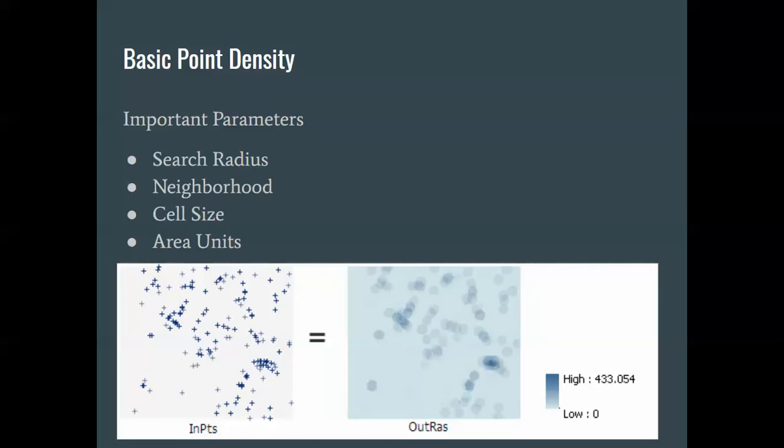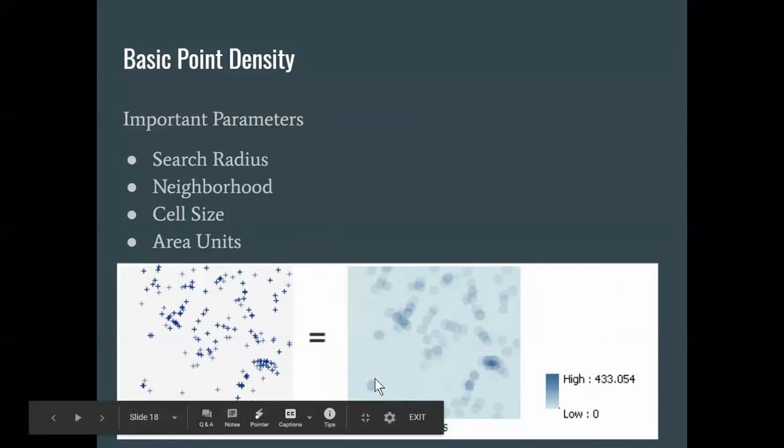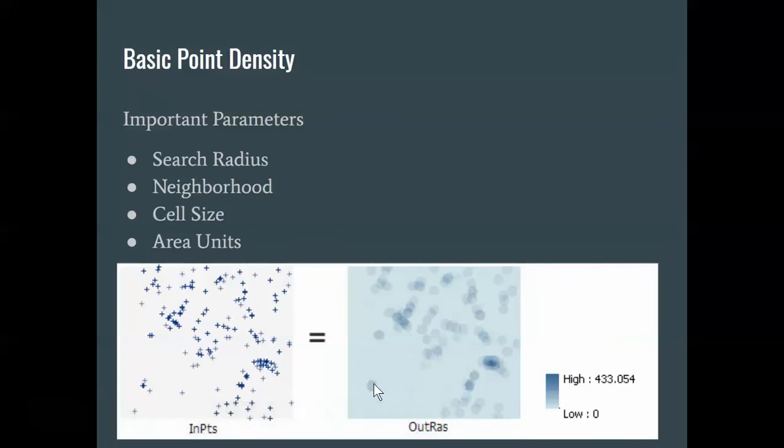Now, the piece that is important is how far do you look out? In other words, a point density doesn't actually look at the entire area that you're looking at. It looks out a given range of distance. In a simple one, and you can actually see the output here, you're only going to look out so far to look for points because you don't really want to calculate all of them.